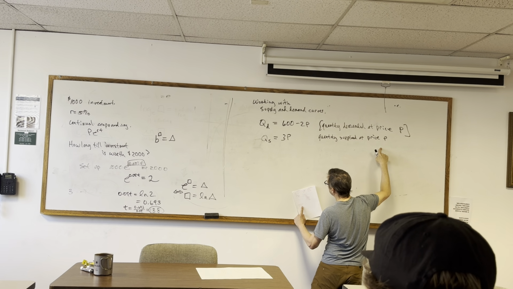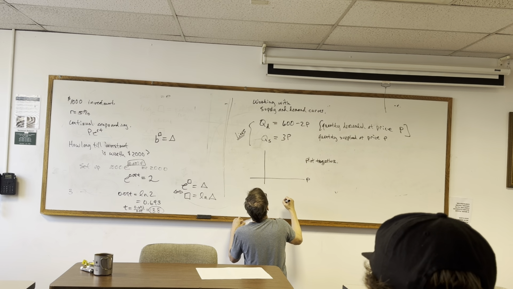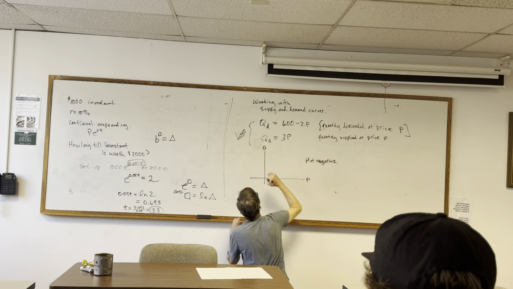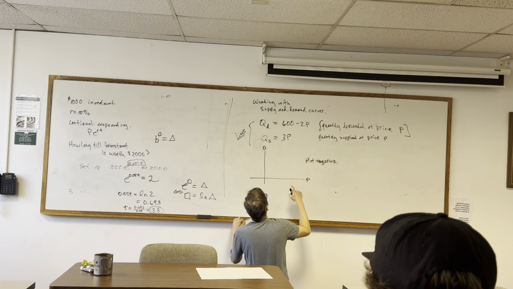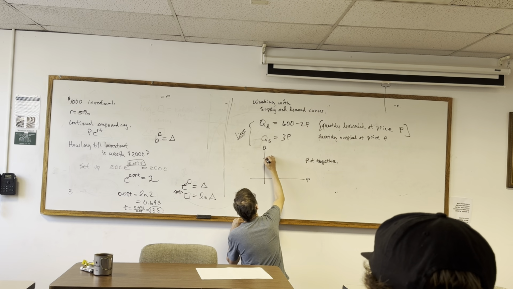So the first one is, these are both lines, and they will be for quite a while until we can do some calculus. Each of these is a line, and so you need to be able to do a basic line plot. Get a couple of points and move from there. So notice that when the price is 0, the quantity, and we'll just put Q here for quantity, demanded is 600.